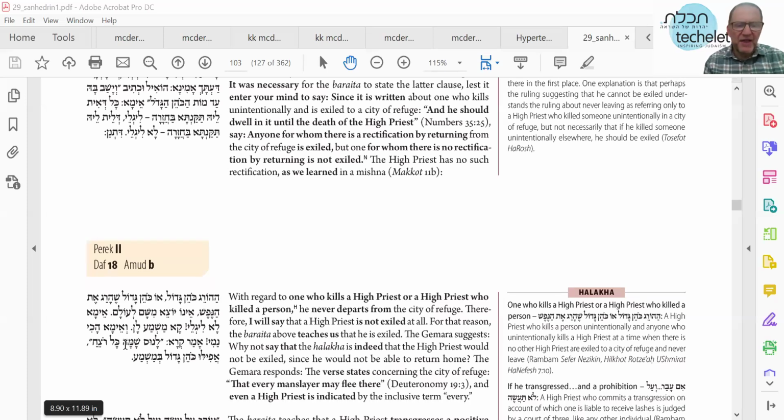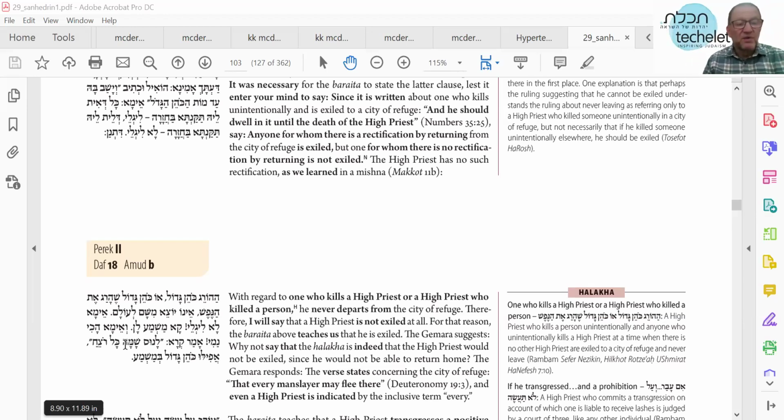Wait a minute. There is another. So you might think that since he's not able to be released, he doesn't get sent there in the first place. That is the hava amina. That is the suggestion of our Gemara for why we were even told this in the Mishnah in the first place, because you might think that a Kohen Gadol doesn't get sent there because he can't get released ever.